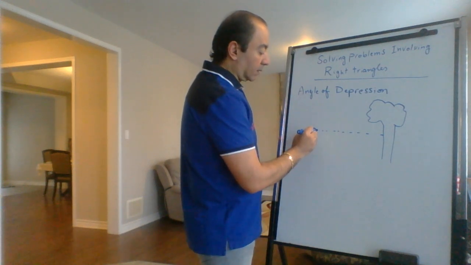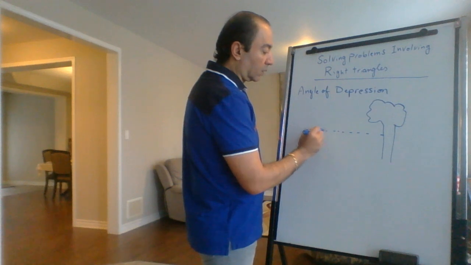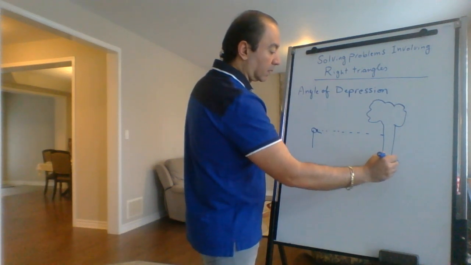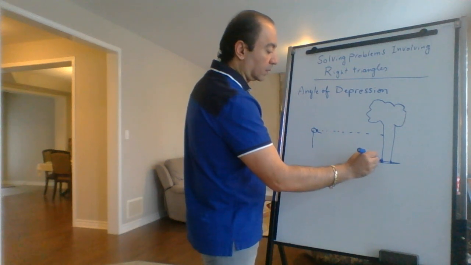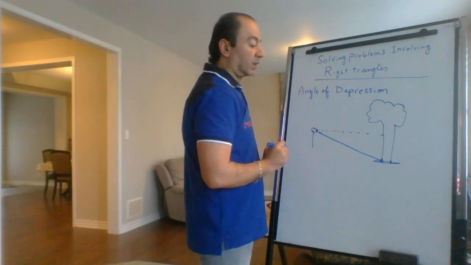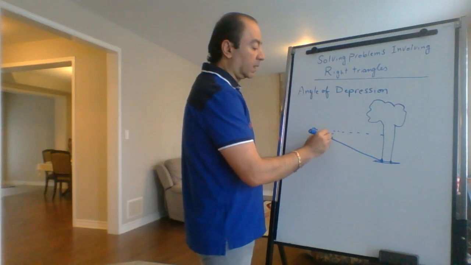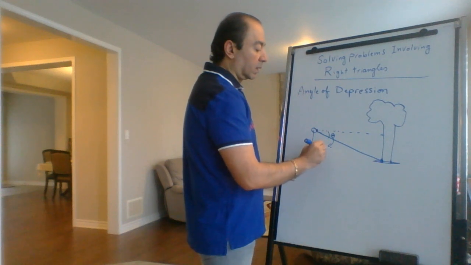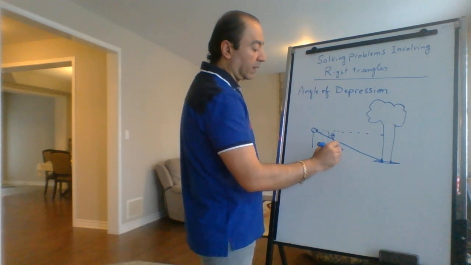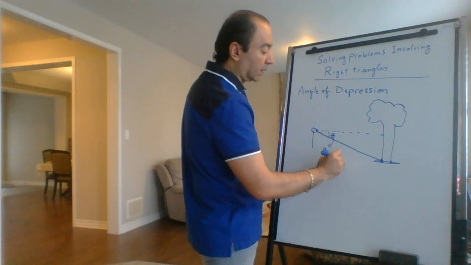The angle below the horizontal, so if you are looking at the bottom of the tree, this is called the angle of depression. It is measured with the horizontal and below the horizontal, angle of depression.